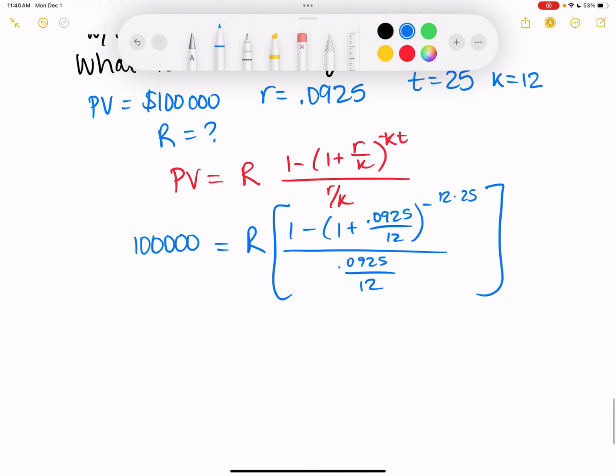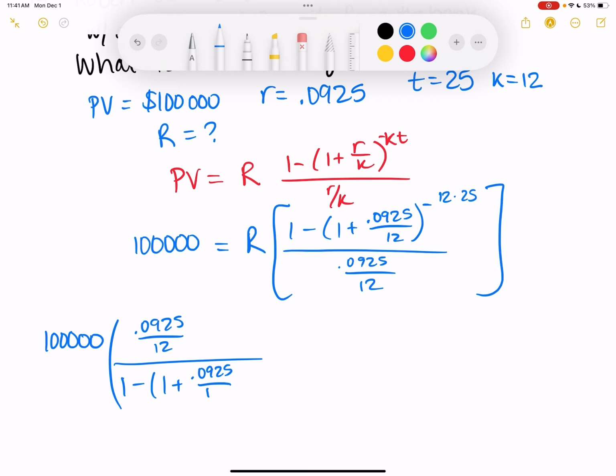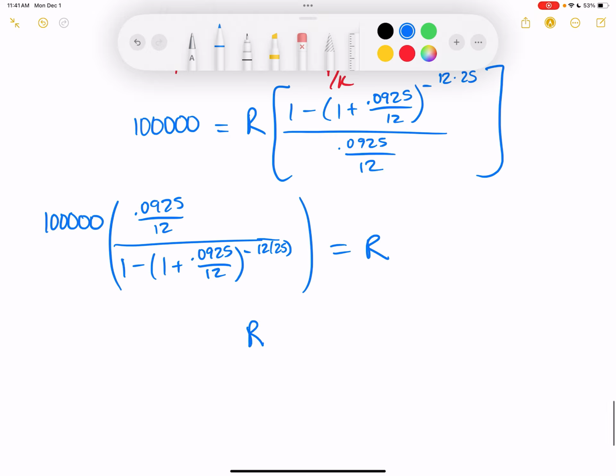So I end up with 100,000 times this flipped: 0.0925 over 12, all over 1 minus parentheses 1 plus 0.0925 over 12 raised to the negative 12 times 25. Then you just plug that in, and that's going to give you your R value. Other than that it's a word problem, it's just like problem 20 that we did where we were solving for the big R value.